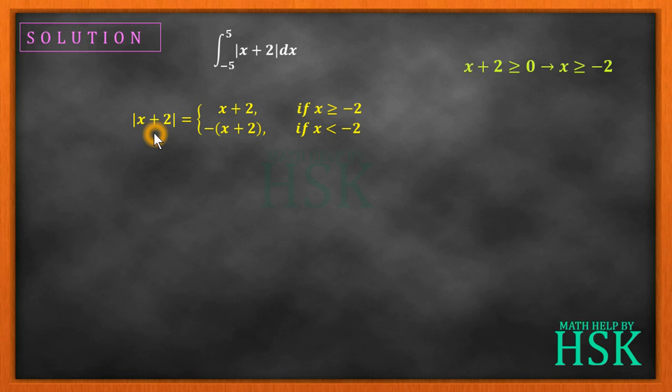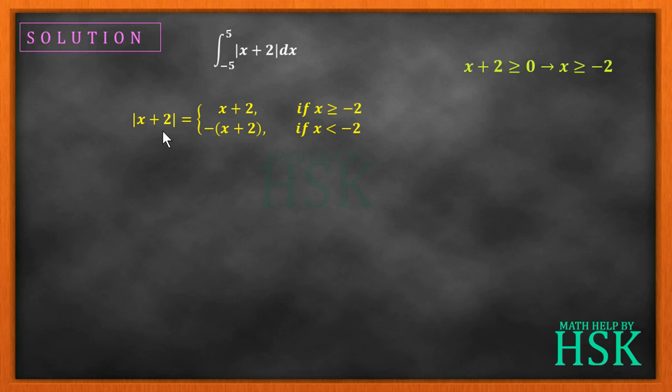But for the values which are less than -2, x plus 2 will become negative. If you place x as -3, you are going to get -1. But when we place a minus sign outside the bracket, this minus sign would make this a positive value.